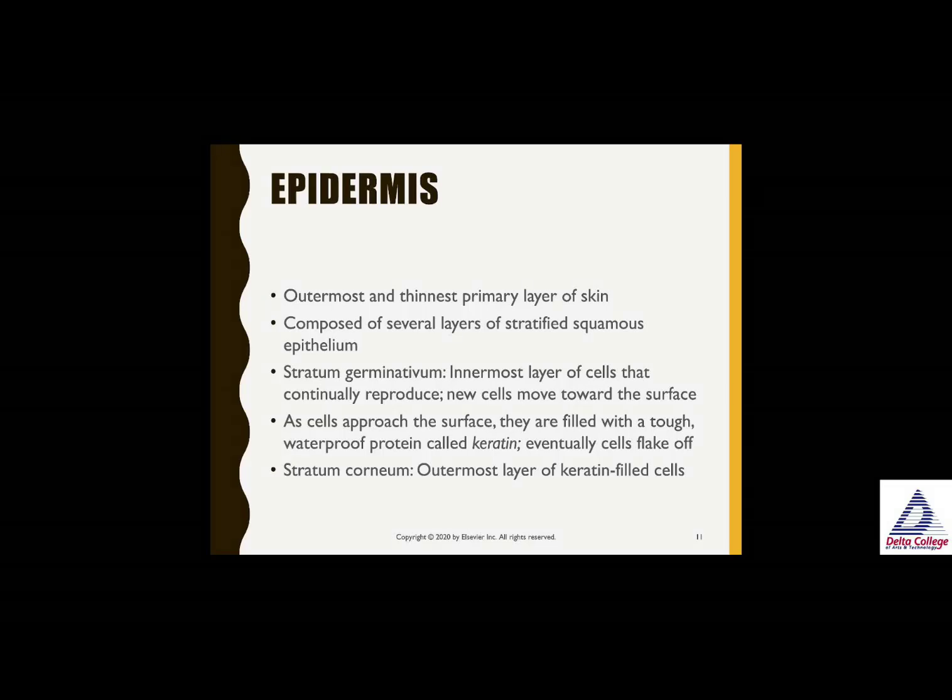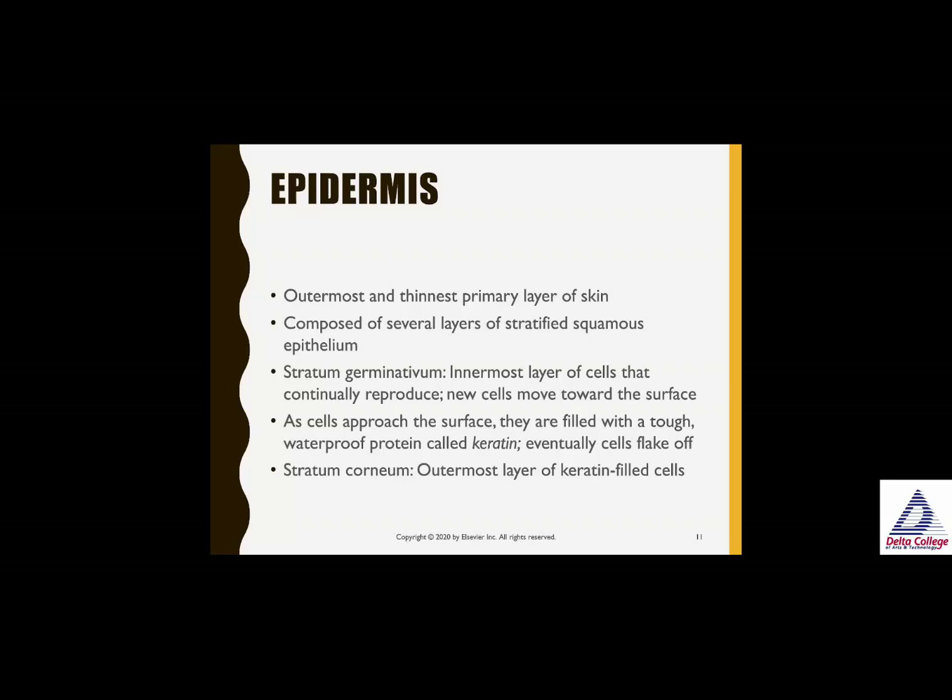These are new cells that move towards the surface. That's why we exfoliate, right? Get our dead skin cells off. As cells approach the surface, they are filled with a tough, waterproof protein called keratin, and keratin is so important to know. Eventually, these cells will flake off.